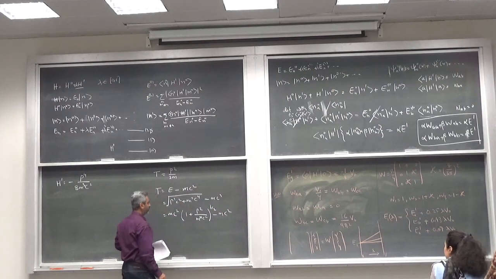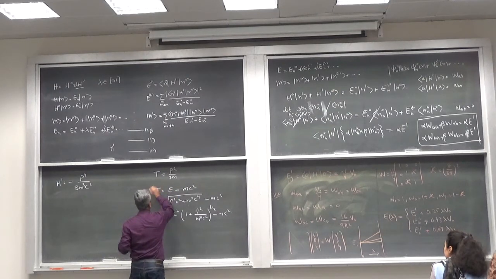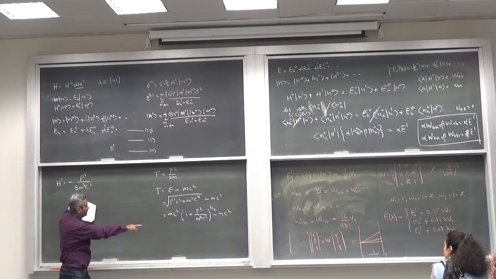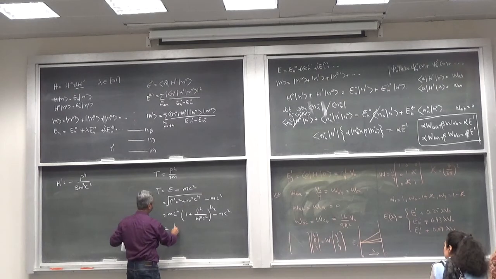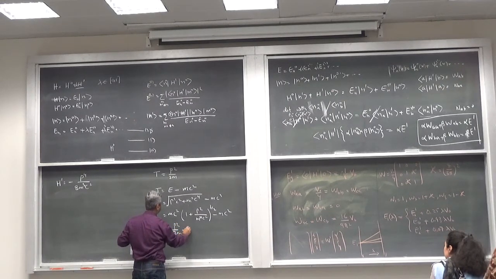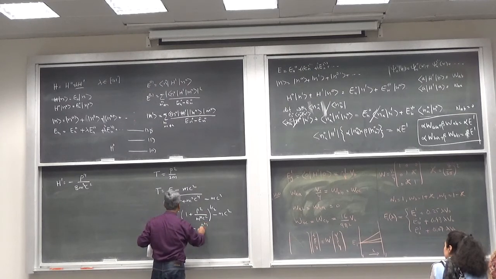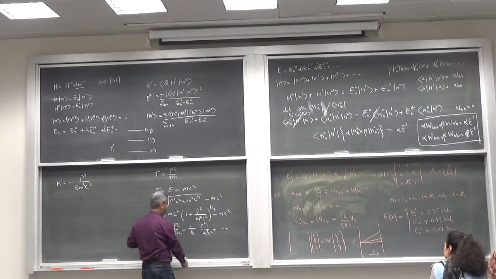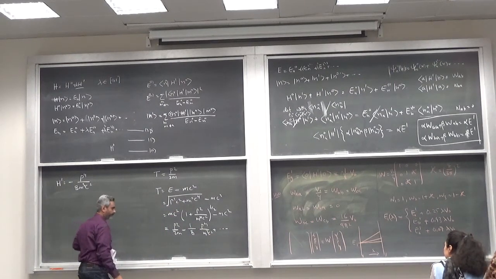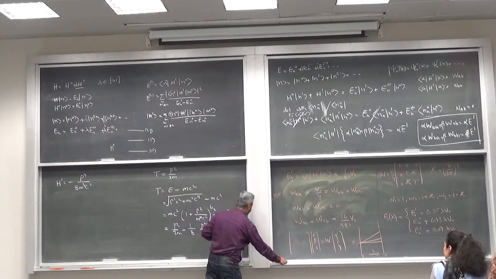Open this up and show that the first order term that you get is P squared over 2m minus 1 over 8 P4 over m cubed c squared, like this. Right? Okay.